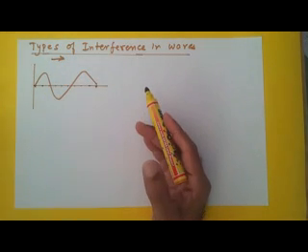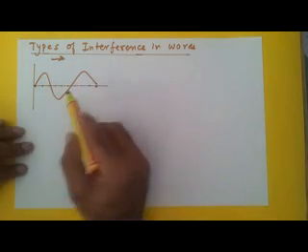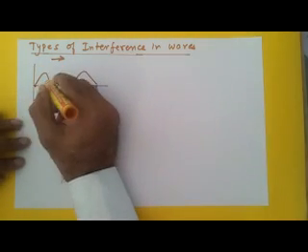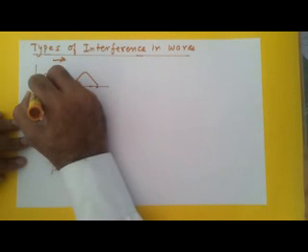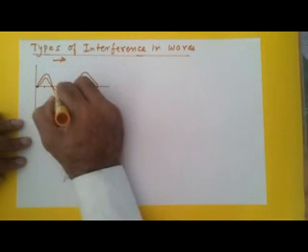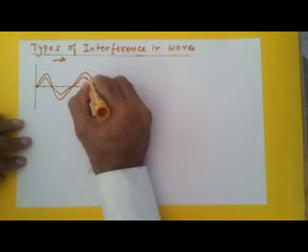The question that we are discussing in this video is what would happen if, instead of one wave, there is one more wave also passing in the medium. Let us say this is another wave which is also traveling in the medium.